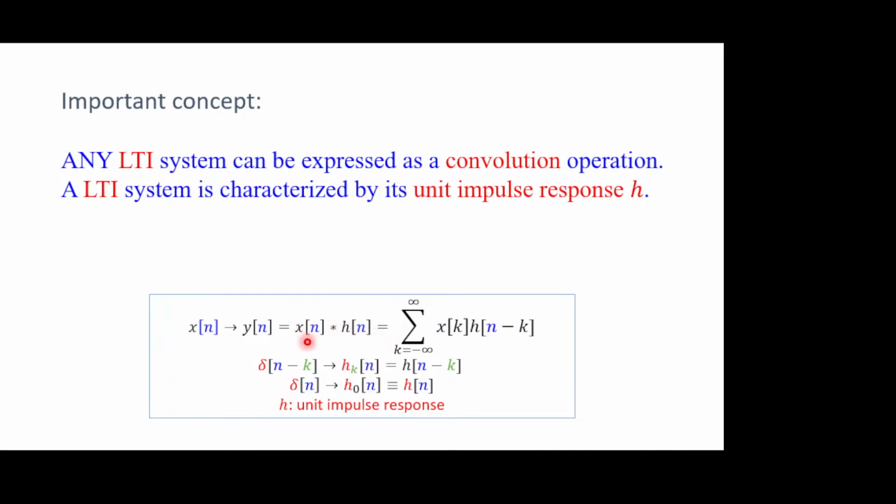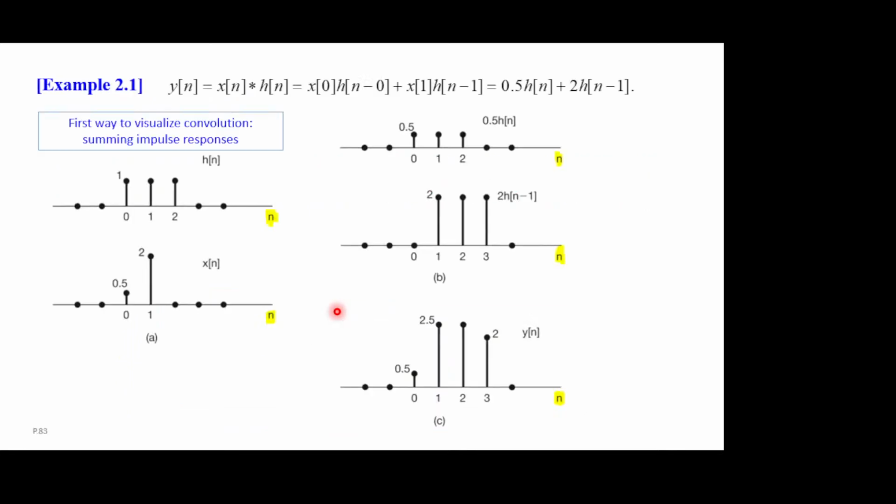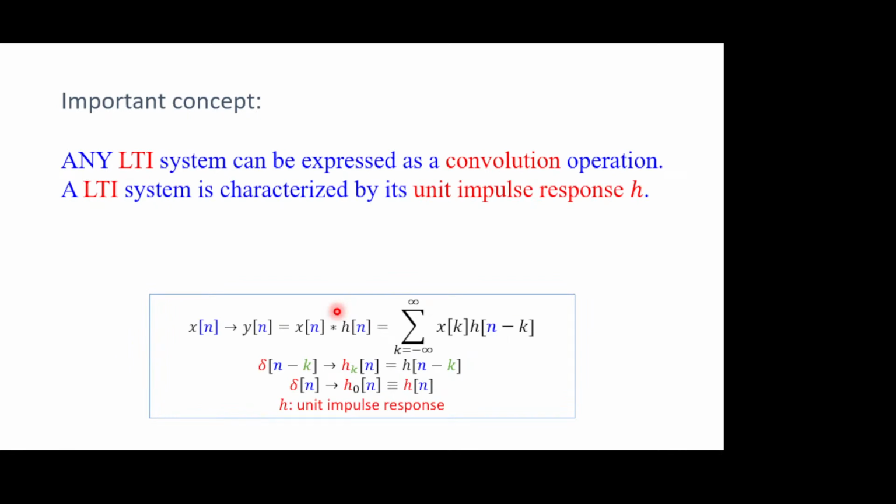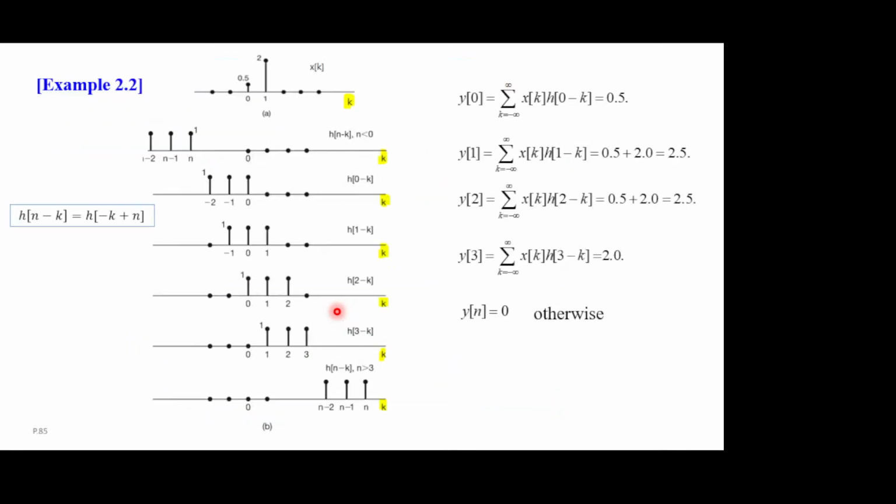That's a convolution between x of n and h of n, and that will be a function of n once again, and it's our output y of n. If we are good on our schedule, we'll see more properties of this convolution operation.